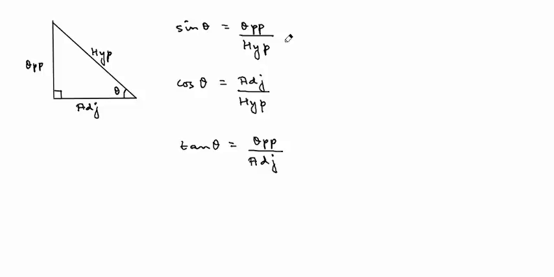In this video, we are going to learn about three new trigonometric functions. The cosecant theta, written as cosec theta, is the inverse of sine theta, so that's hypotenuse over the opposite, or equal to 1 over sine theta. The secant theta, written as sec theta, is just the inverse of cosine theta.